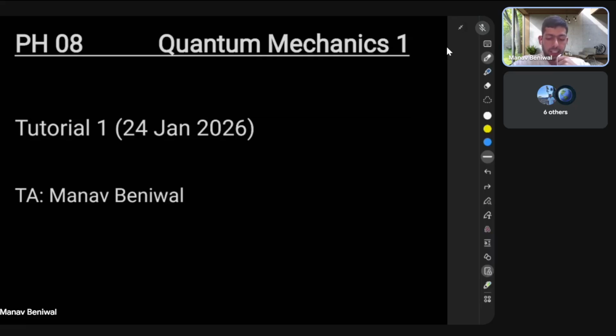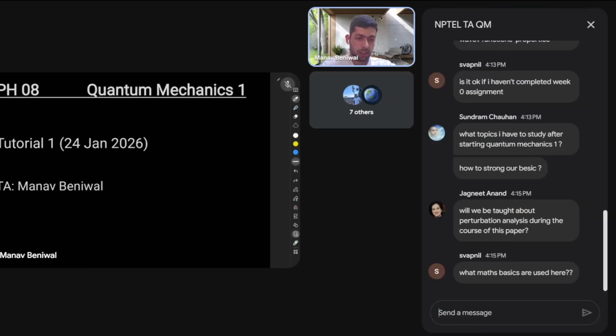Harmonic oscillator again using ladder operators, and then rotational groups, addition of angular momenta, Clebsch-Gordan coefficients, and finally some tensor operators. So we will not be looking at perturbations in this course.